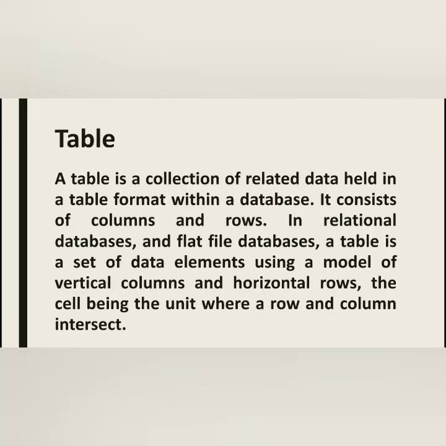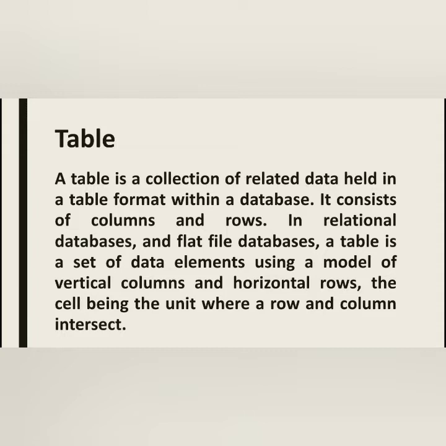Now, here we're going to learn about a few of the terminologies used in database that will help us in getting familiar with the functions of a database. First one is table. A table is a collection of related data held in a table format within a database. It consists of columns and rows.